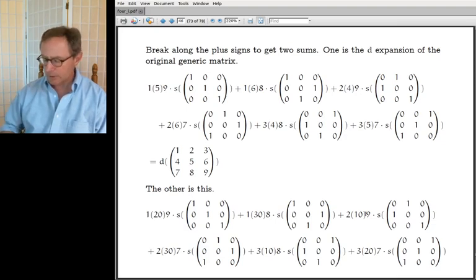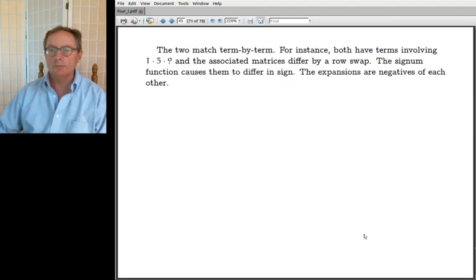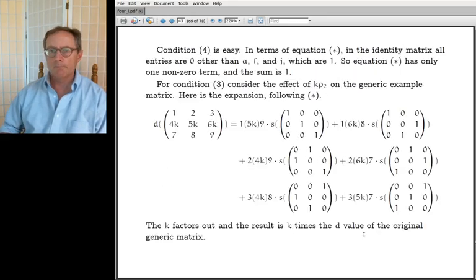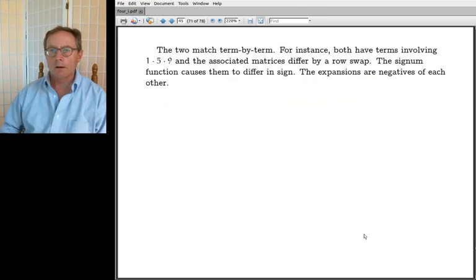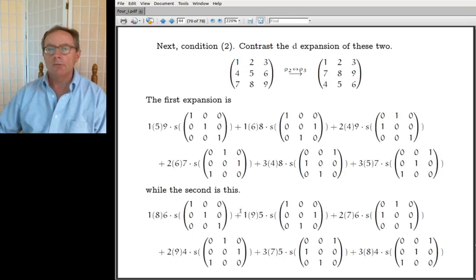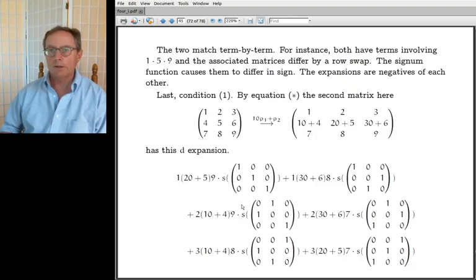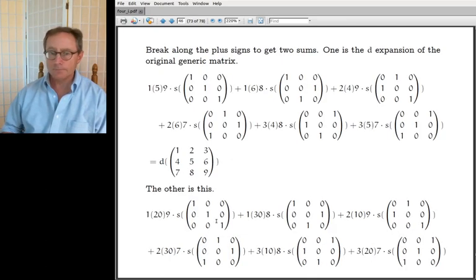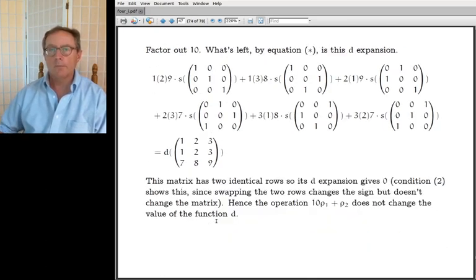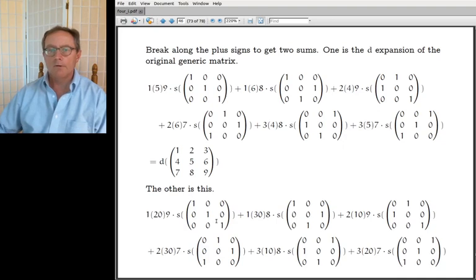All right, so I just simply did regular real number distribution. I distributed over the plus sign, distributed over the plus sign, etc. Okay? Factor out the 10. 10, 10, 10, 10, 10, 10, 10, 10, 10.